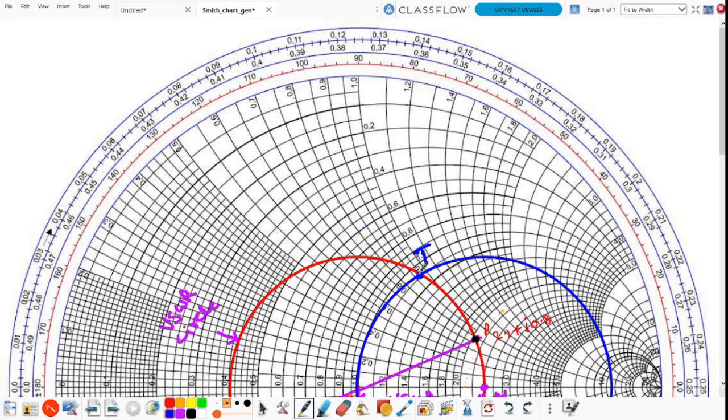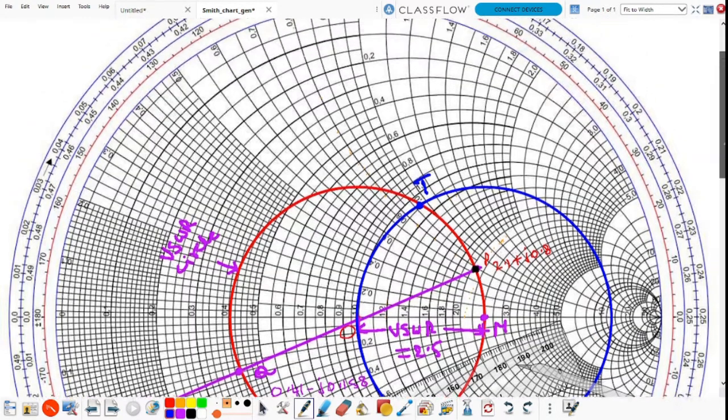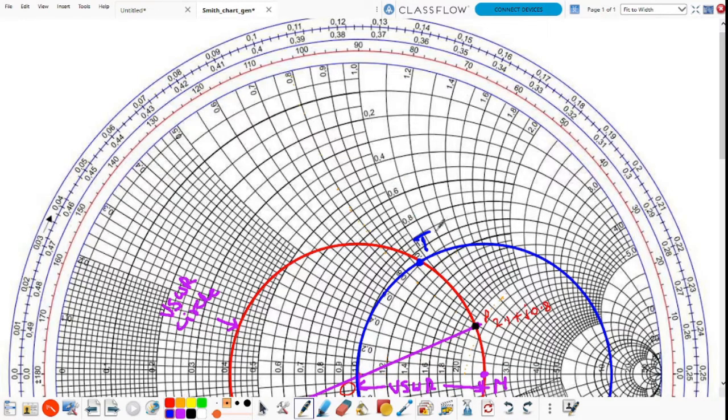The r constant circle at point T is 0.9, or approximately 1, plus j, and the reactance circle is 0.95. So the r equal to 1 constant circle and the reactance circle is 0.95.